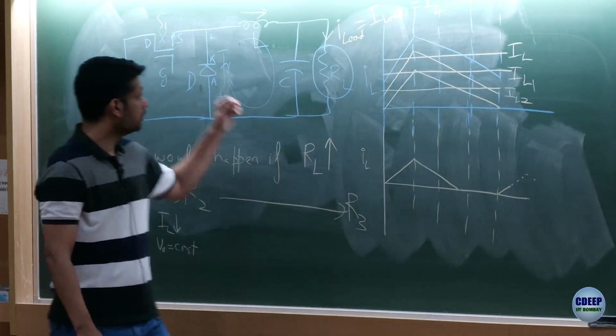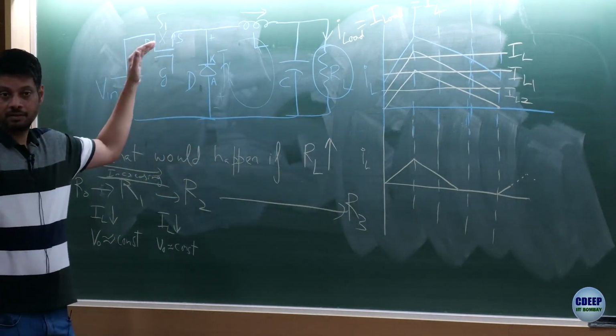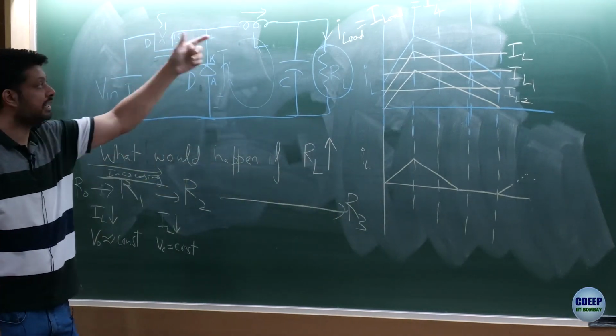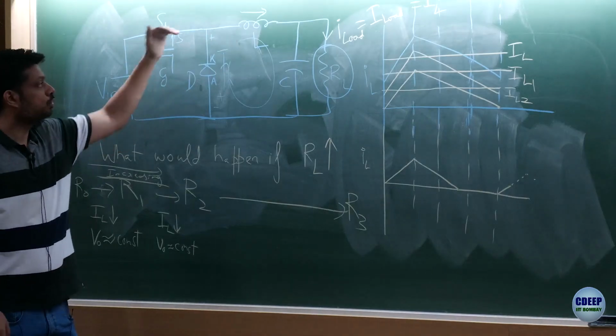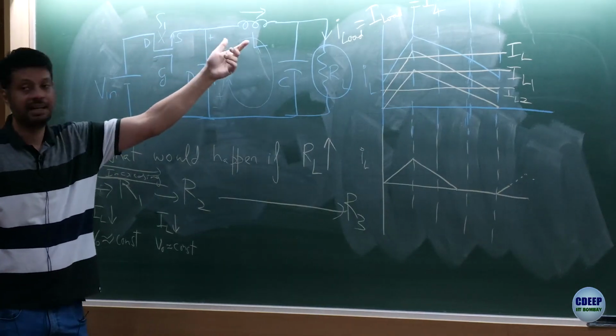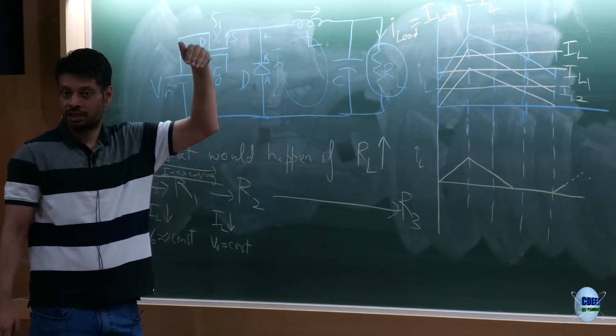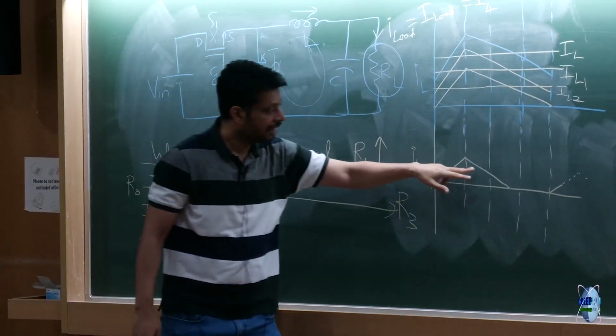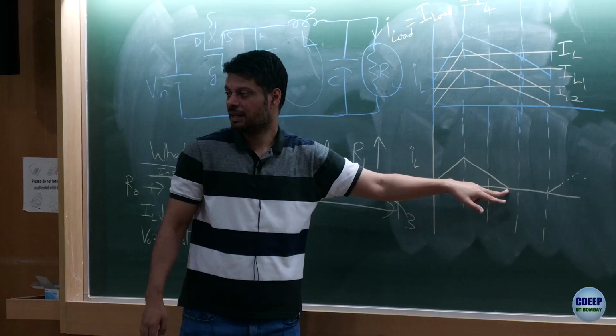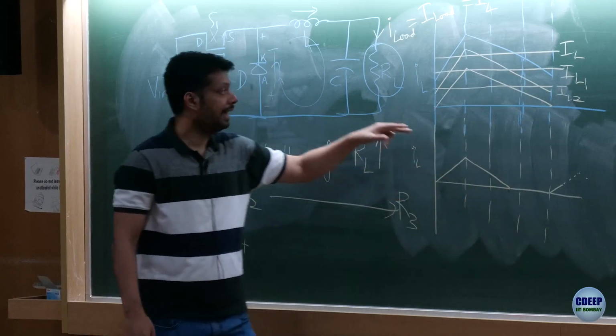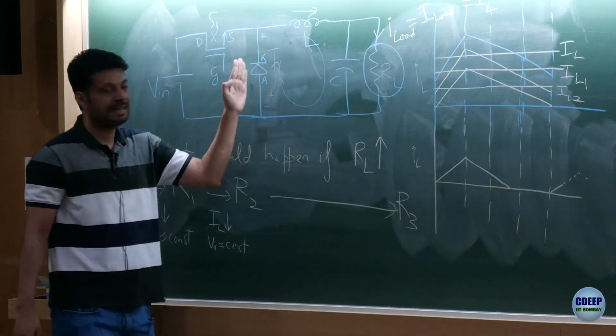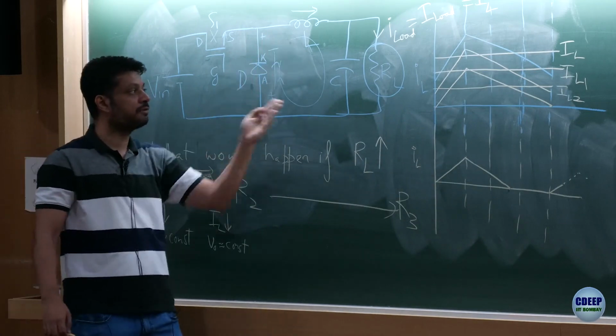When the switch is on, the current would rise through the inductor. The voltage across the inductor is positive. When the switch is off, the diode will start conducting, the negative voltage will appear, the current will start falling, and will come to a point where it becomes 0. Beyond which, if this were a perfect short, the current would have started flowing the other way around.